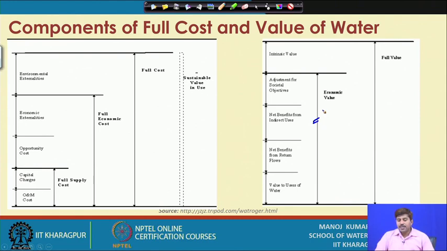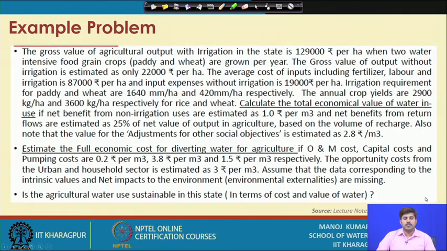If the intrinsic value, due to the intrinsic factors of the utility operation, is added to this economic value, that in combination gives the full value. That way the full value and the full cost can be estimated and compared for sustainability analysis. This is an example problem of a similar scale.